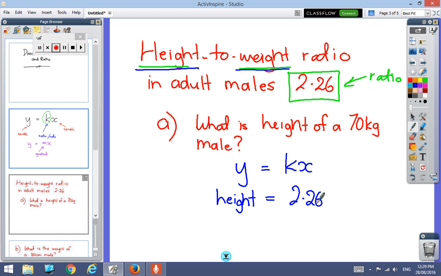And we do not know what the weight is, but we're going to make that equal to x.